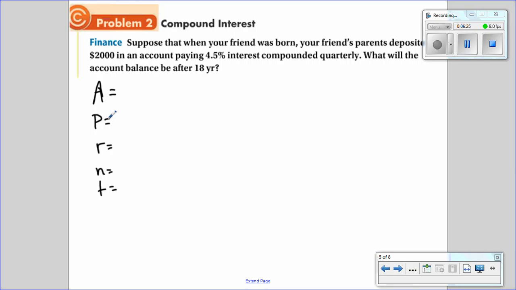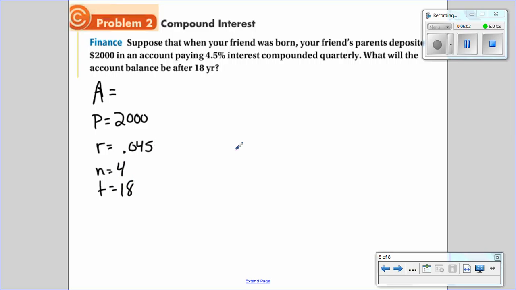P is the initial amount. So right there, that's $2,000. It pays 4.5% interest. So there's our annual interest rate. Now we have to write that as a decimal, so that's 0.045. It's compounded quarterly, so that's how many times a year. Quarterly is 4 times a year. So that's N. And what will the account balance be after 18 years?